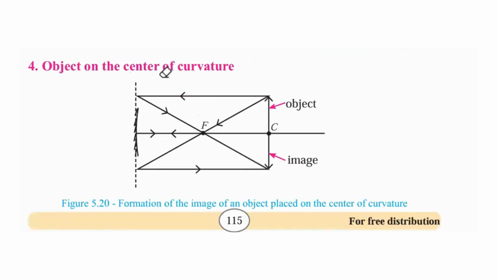Object on the center of curvature. Here you have the object, a light ray comes, goes through the focal. The light ray goes through the center of curvature and goes with the principal axis, right?